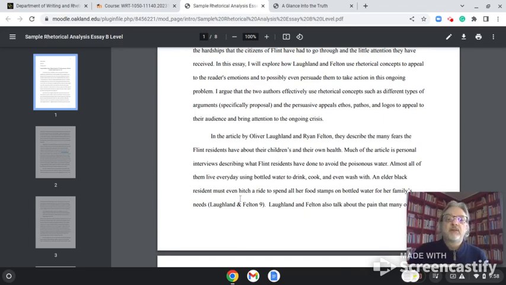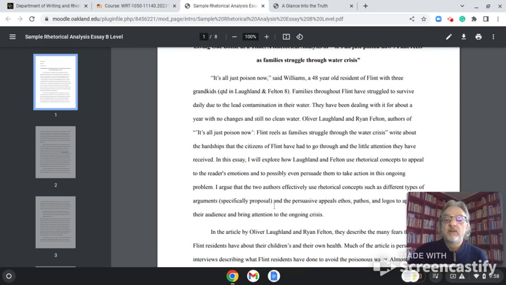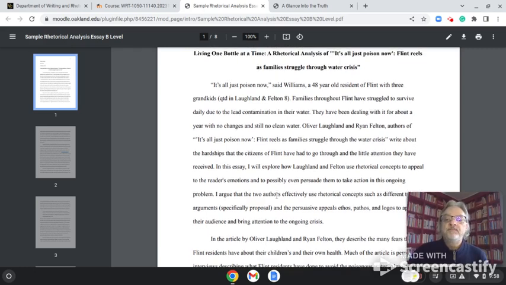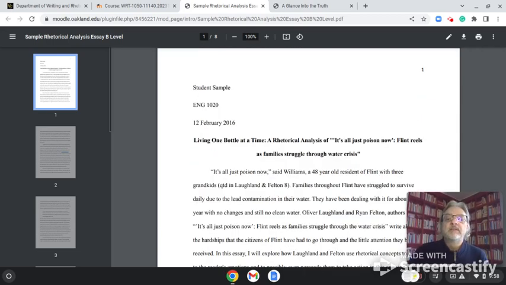Those things are hit and miss in this particular one, because they seem to be different types of arguments, specifically proposal. It's mentioned, but not really explicated. Those things are listed for the rhetorical analysis in that order because they build upon one another. So I would encourage you to keep that in mind as you write yours.